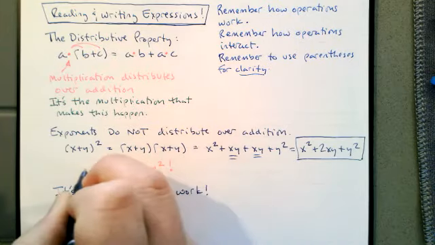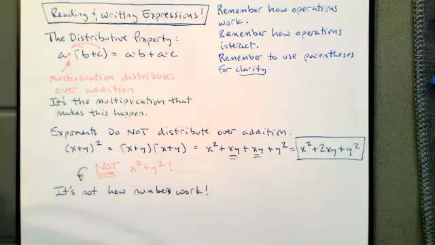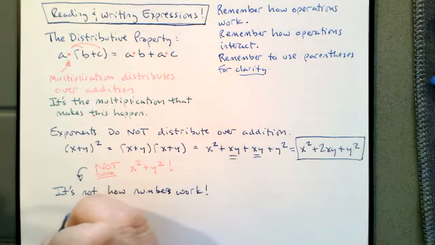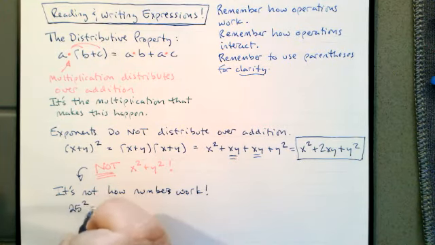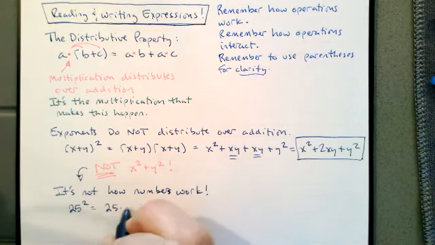So this right here, the reason that it's not x squared plus y squared is because that's not how numbers work. So if I have, say, 25 squared, that means 25 times 25.